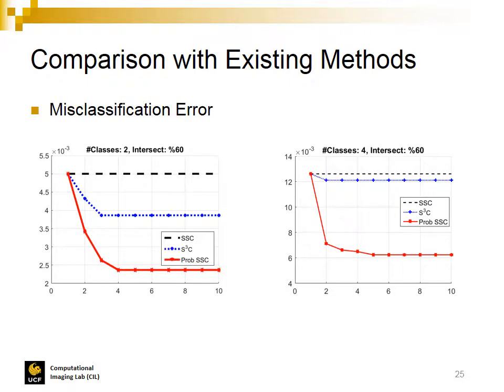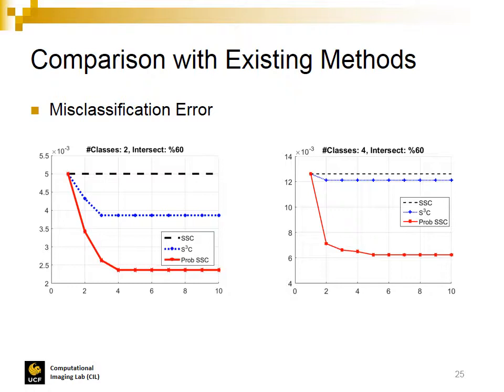To compare the proposed method with the state-of-the-art methods, we use synthetic data with intersection between subspaces. Each subspace has a true dimension of 10 with an ambient dimension of 200 and 100 points in each subspace.